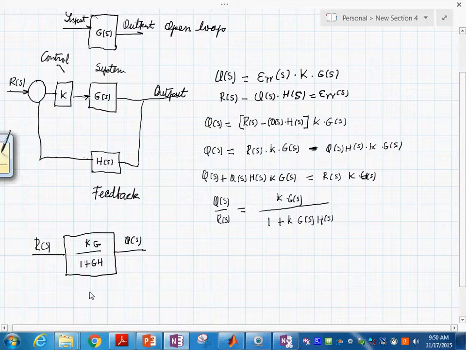See? So this is the closed loop transfer function.